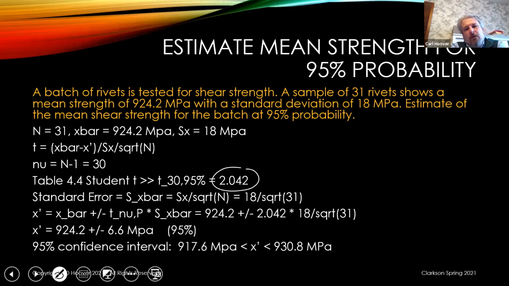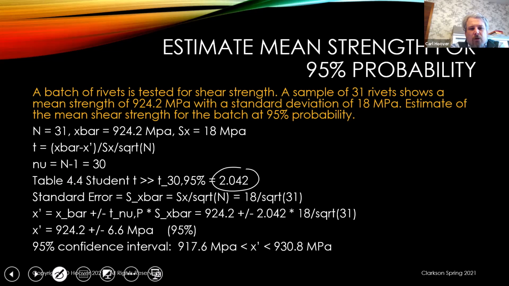So then to get our estimate of our mean, we're going to use our standard error. That's the standard deviation divided by square root of n, and that is shown here. Standard deviation 18 divided by square root of 31.